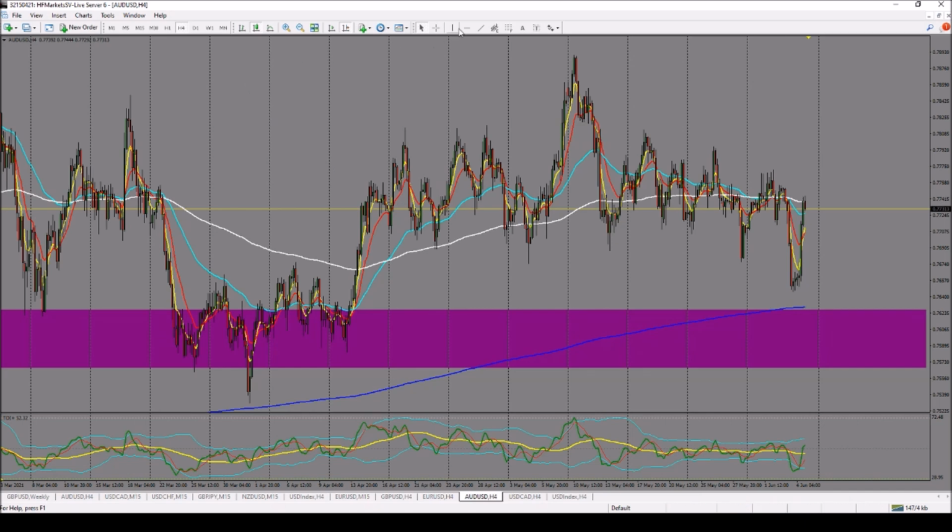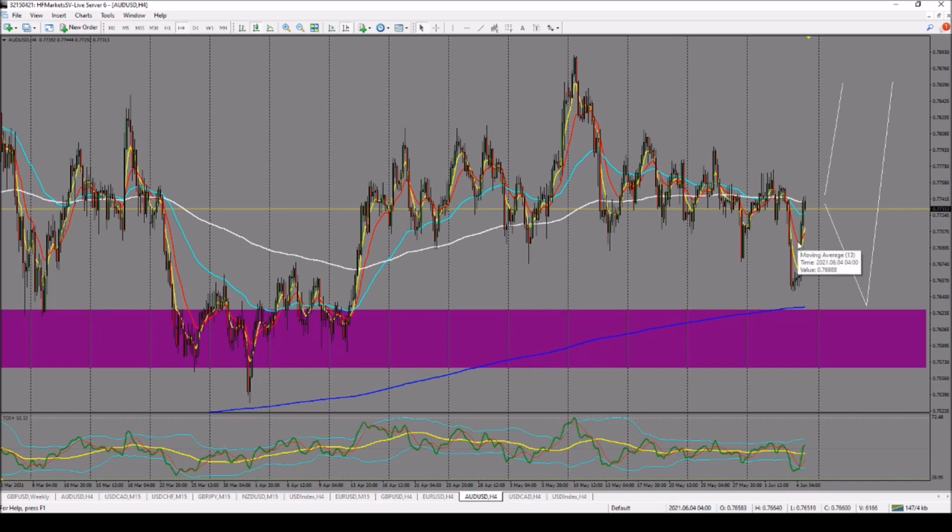So like always, like how we've been marking on USD CAD, the same applies. If the dollar does the first option that we've said, we would see the AUD coming back to this region and taking off. Or if the dollar doesn't do the first option, we would see the AUD going up straight away.